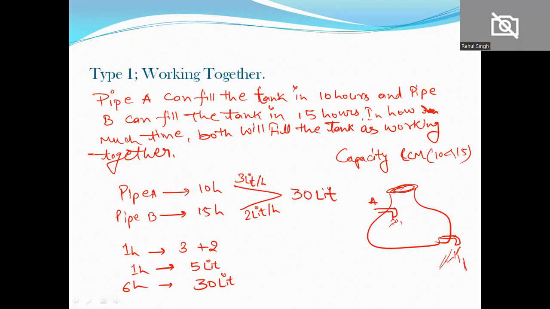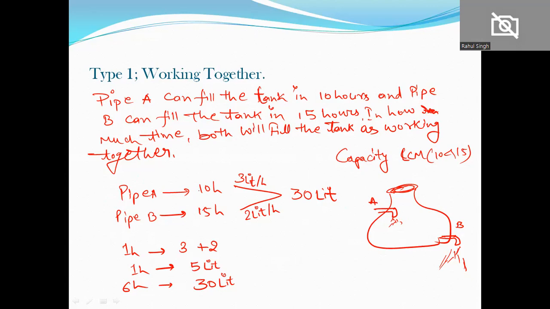So what will happen? Two things won't change, they remain the same. Just what is A doing? Filling water. And what is B doing? Taking the water out. So pipe A will take 10 hours to fill the 30-liter tank, and at the same time pipe B can empty the filled 30-liter tank in 15 hours.